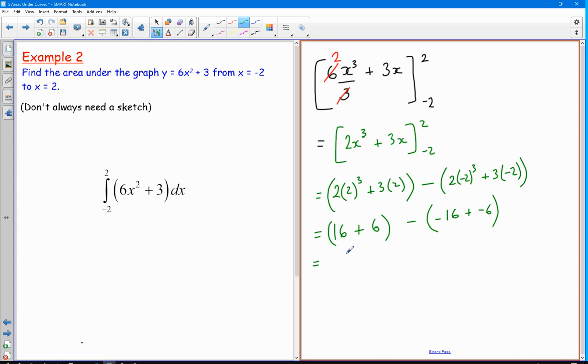So we've got 16 plus 6, which is 22, and we're going to take away -22. So overall, that becomes plus, so we get an area of 44. Now, sometimes students like to write units squared. We're not given the units, but we can indeed just write units squared, although it isn't always necessary.